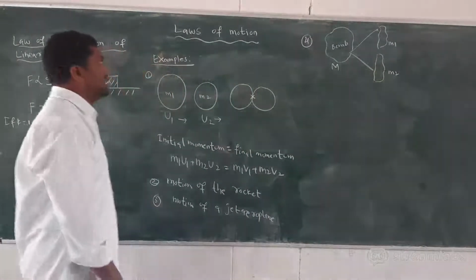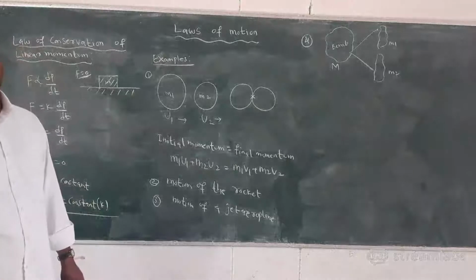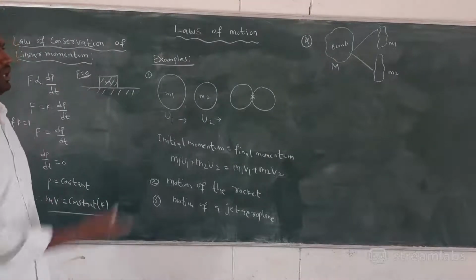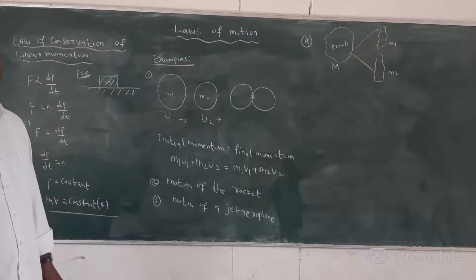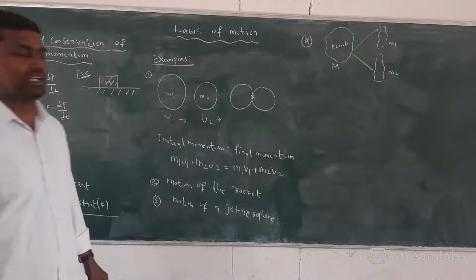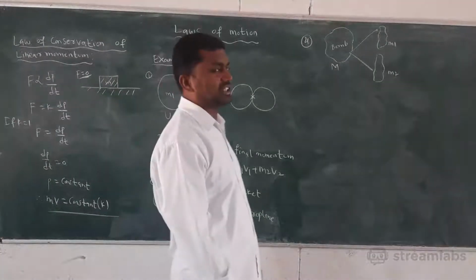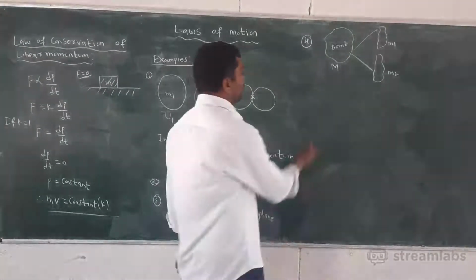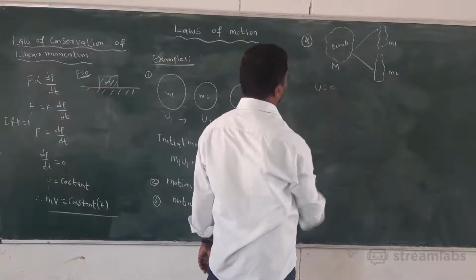By applying the law of conservation of linear momentum, when the bomb is in rest position, it has initial velocity 0, so u will be 0.